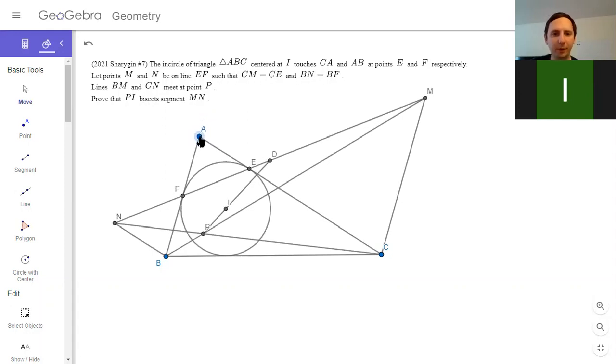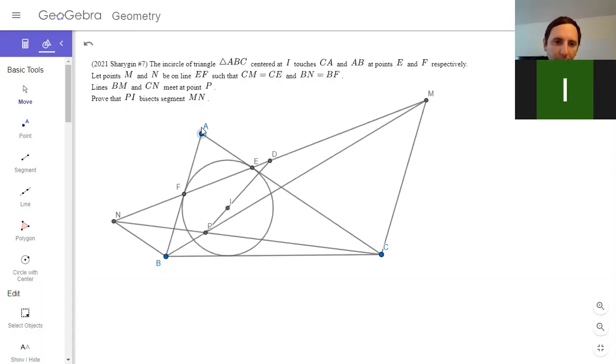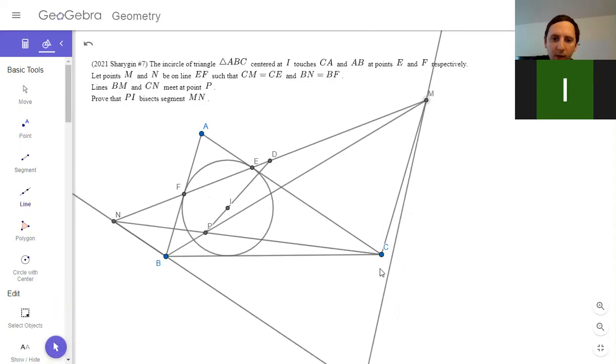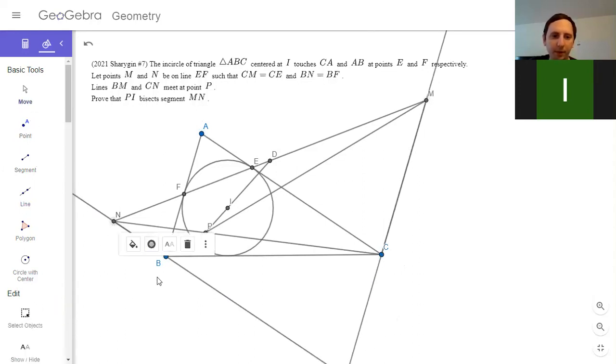Yeah, this one feels harder than the previous one. Let's see. I wonder if we extend BN to meet CM at a point. That feels like it might be useful. And we'd have a big isosceles triangle.